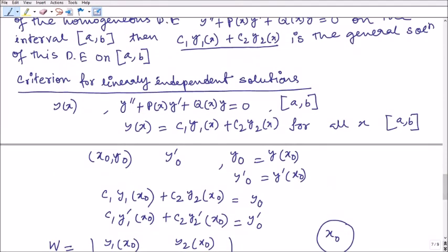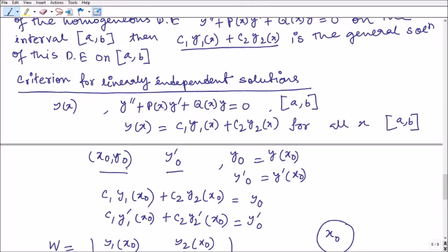Now suppose the functions p and q are continuous on the interval AB. If y of x is the unique solution, then it will pass through the point x0, y0 with a specified slope y0 dash.